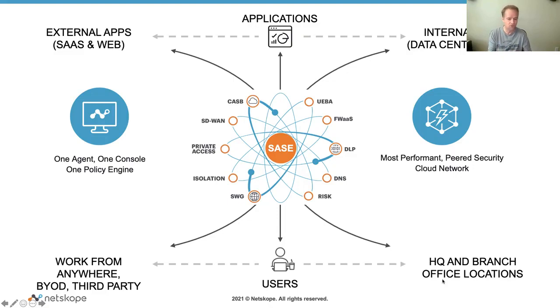So with New Edge, on our globally distributed network, you're within 15 milliseconds of virtually most of the world's population. So anytime any place or any location your employees are, as they're accessing cloud applications, websites, internal applications, they're going to get fast and secure access thanks to our unification of security services running on our globally distributed, highly performant edge network.